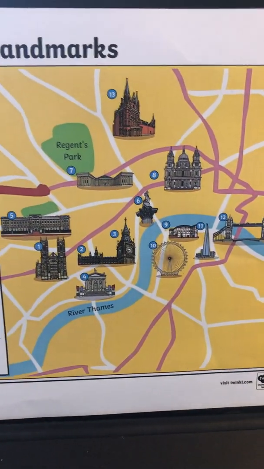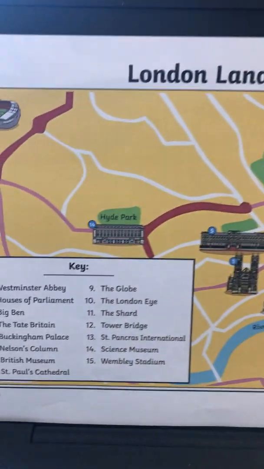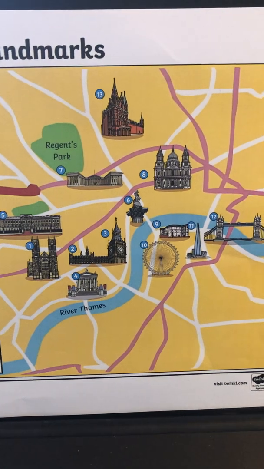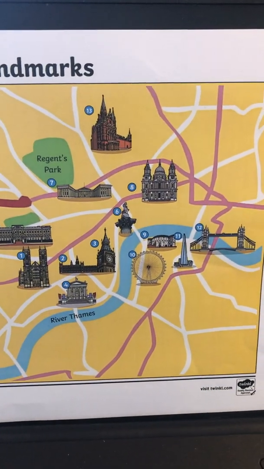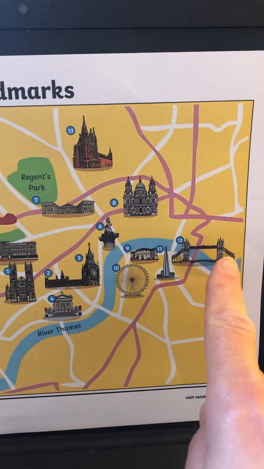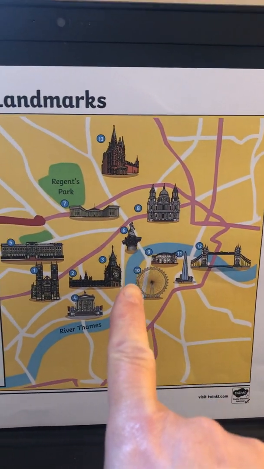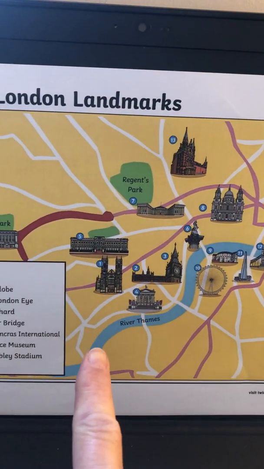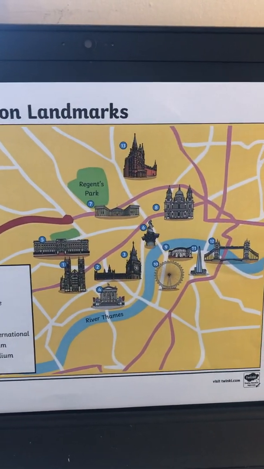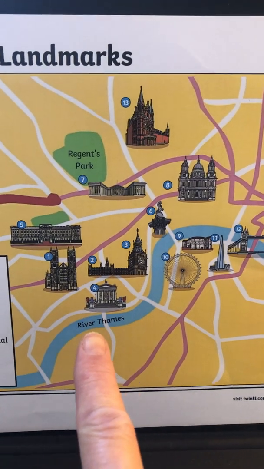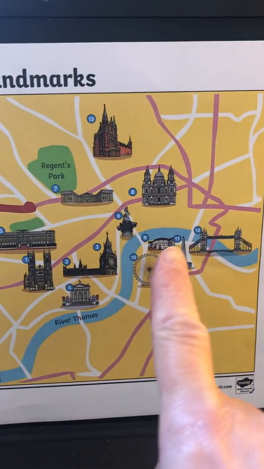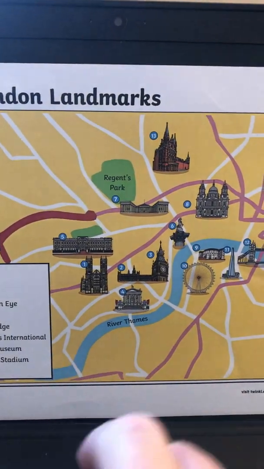That's right, they're the different roads. As we know, London is a very big and busy city, so there are lots of roads with lots of traffic travelling on them. Can you guess what this big thick blue line is going through here? You've guessed it, and it does tell you here as well. It's the river that goes through London called the Thames, the River Thames.